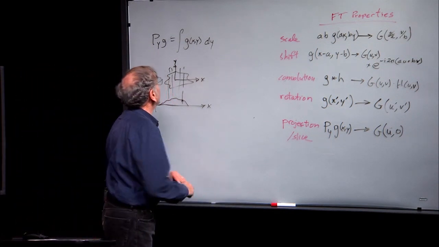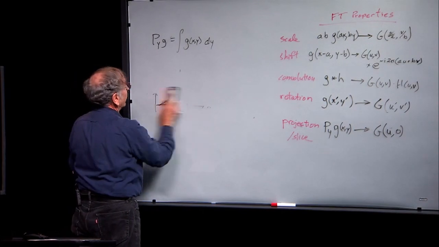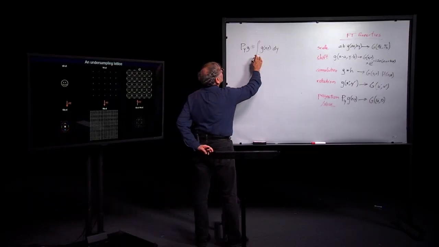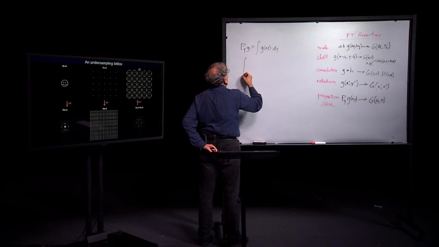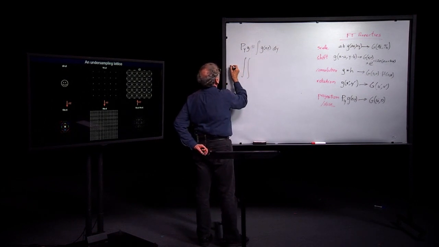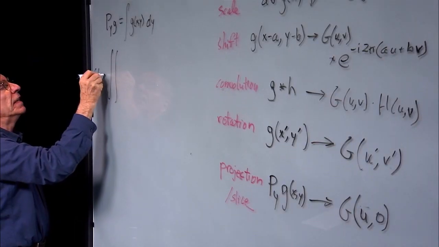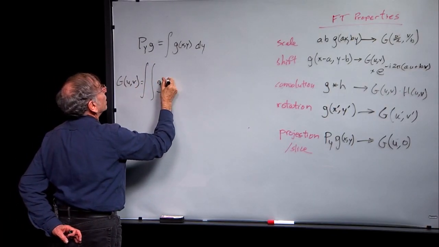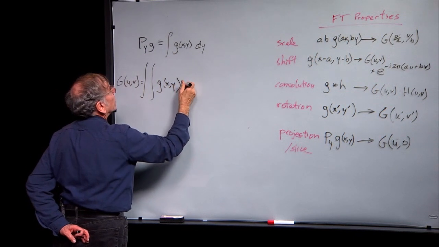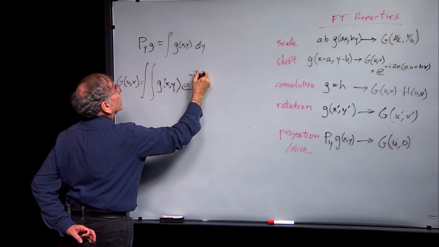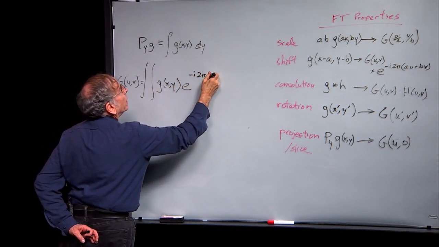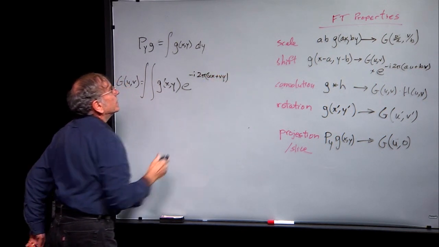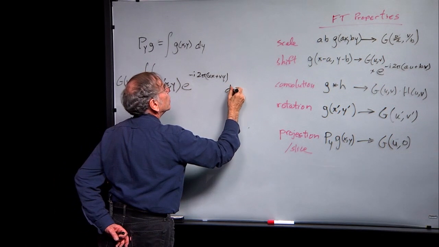Okay, so I'm going to go ahead and prove this. Let's start off with the Fourier transform of g of x, y itself. So here's G of u, v. By the definition, it's the integral of g of x, y times e to the minus i 2 pi (ux plus vy).